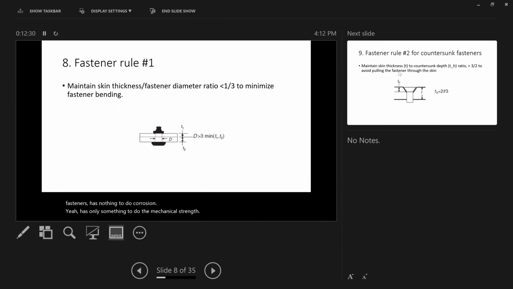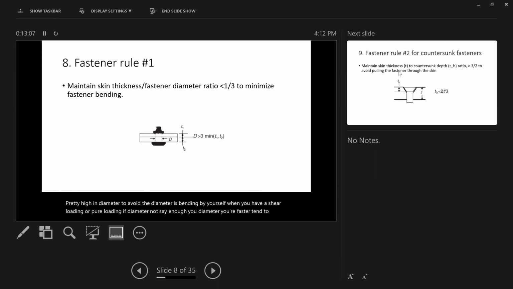Rule number one is that your skin thickness to fastener diameter ratio should be less than 1/3. You want the diameter to be pretty large to avoid the fastener bending by itself. When you have shear loading or pull loading, if the diameter is not thick enough, your fastener tends to bend.